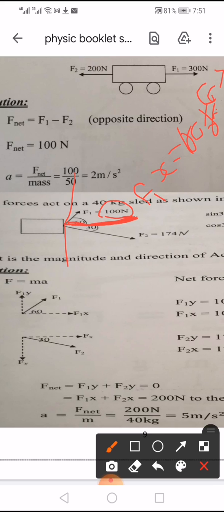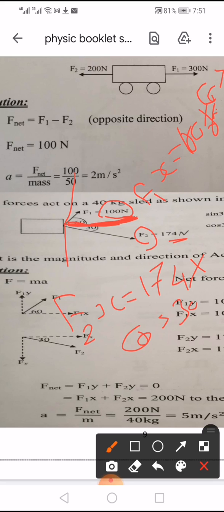If I want to get the x component for F2, F2x equals 174 times cosine 30.